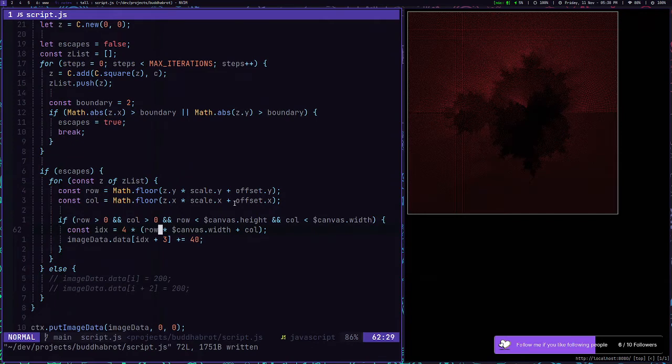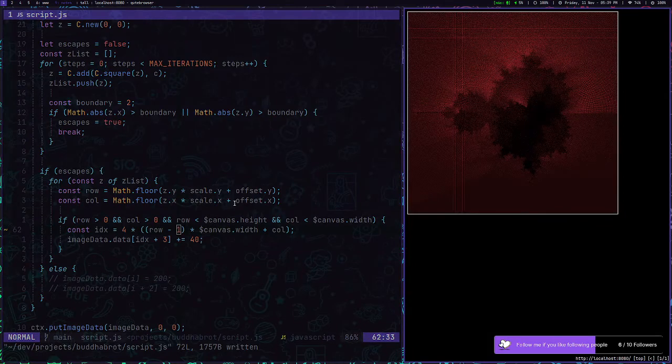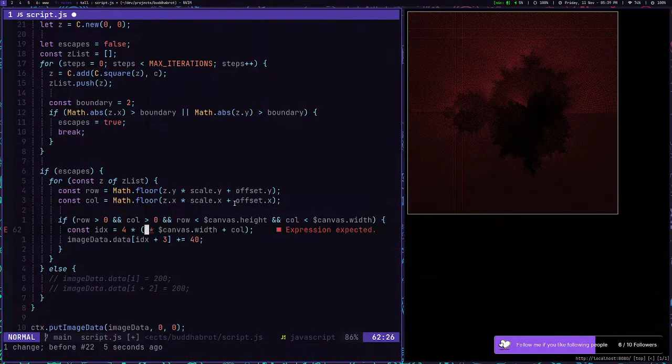We've got row times canvas.width, row times canvas.width. No, row minus 1 times. Oh, this actually makes sense. What difference did that make? Okay, there's a line there that disappeared. I don't know if that's a good thing or a bad thing.